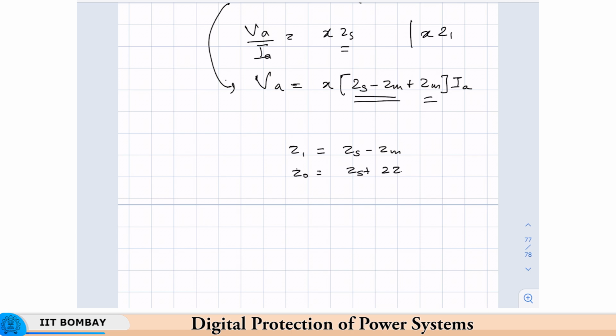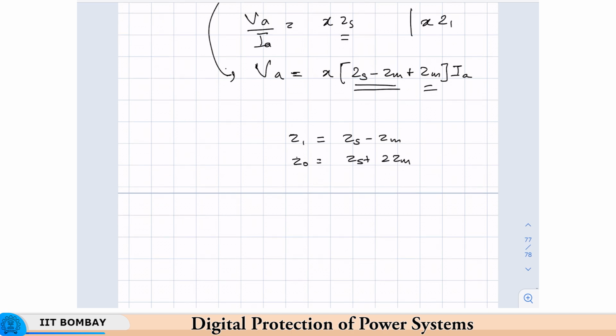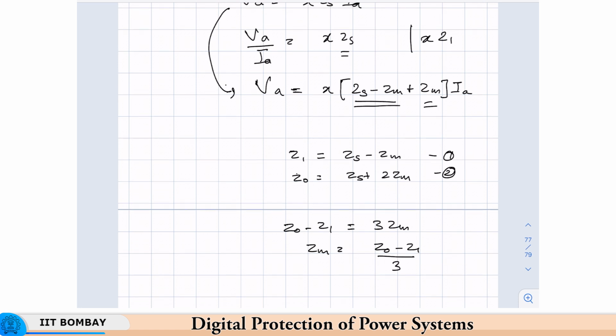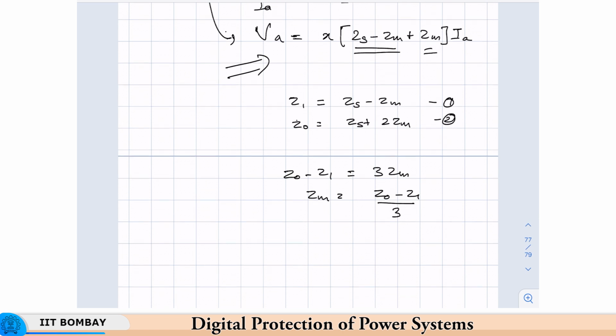Now coming back to this equation here, we will get VA is equal to x into Z1 plus (Z0 minus Z1) upon 3 into I, or we further manipulate this a bit, take Z1 as common, into I. Okay.